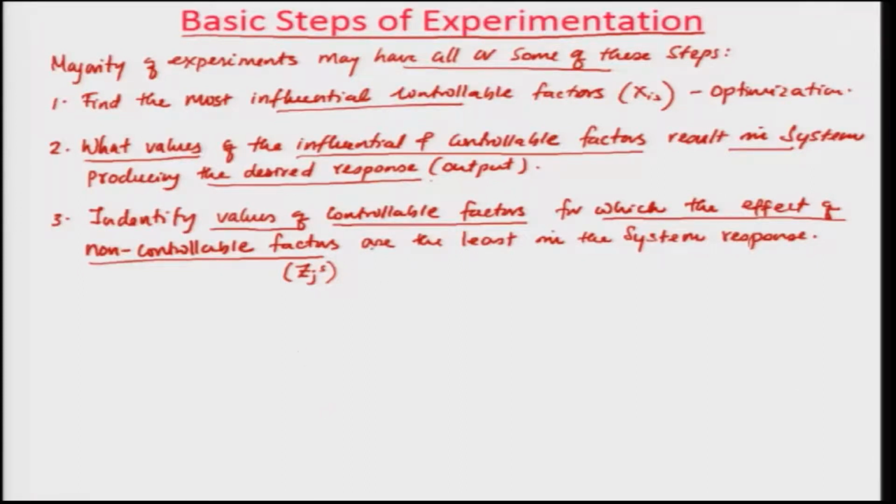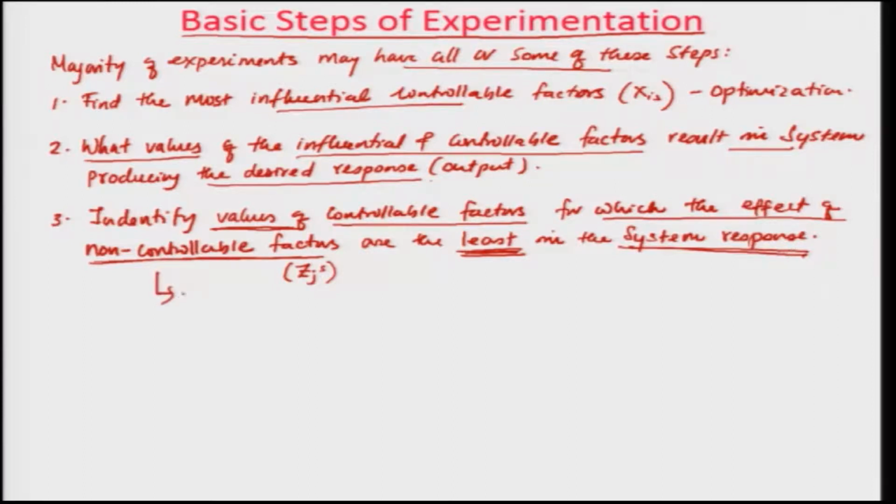This means you cannot control them, and their effect should be minimal in the system response. You are trying to find the values of the controllable factors for which the non-controllable factors exert the least influence on the system response, because you do not want this. Why?